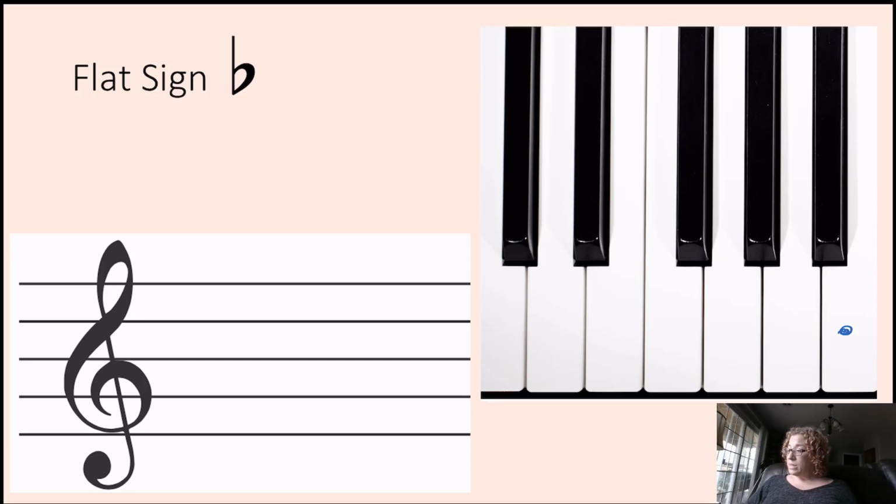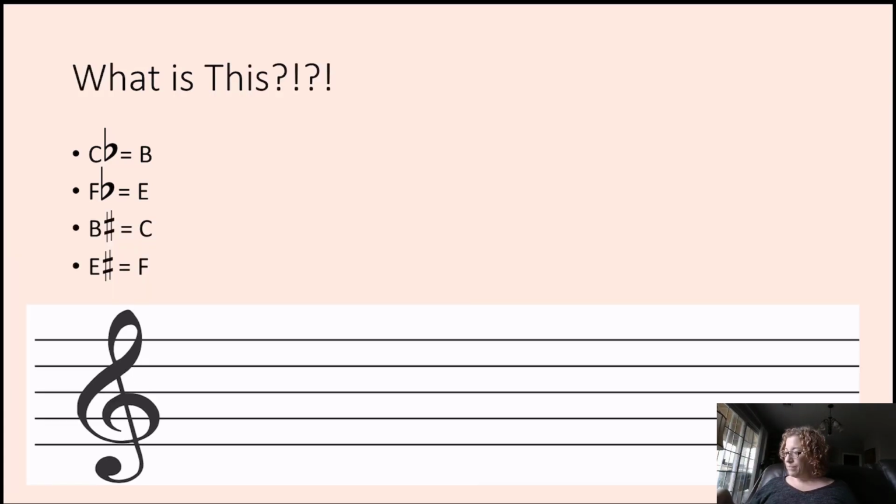Here we have on the keyboard something that could be known as F flat, but it's also an E. As before, those are the same notes, right? They are the same notes. What the heck is this thing, right? I gave you the examples that point out those little weird spots on the keyboard.